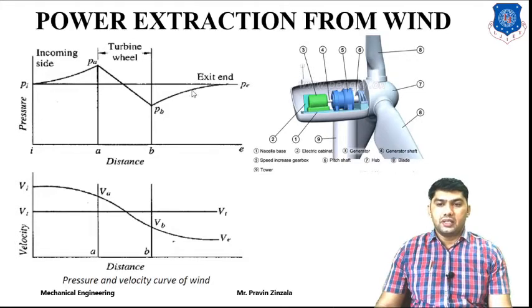This horizontal line is atmospheric pressure. After some time, due to atmospheric conditions, the pressure recovers to atmospheric pressure, so the incoming side pressure is equal to the outgoing side pressure. This shows the variation of pressure due to the wind turbine wheel.